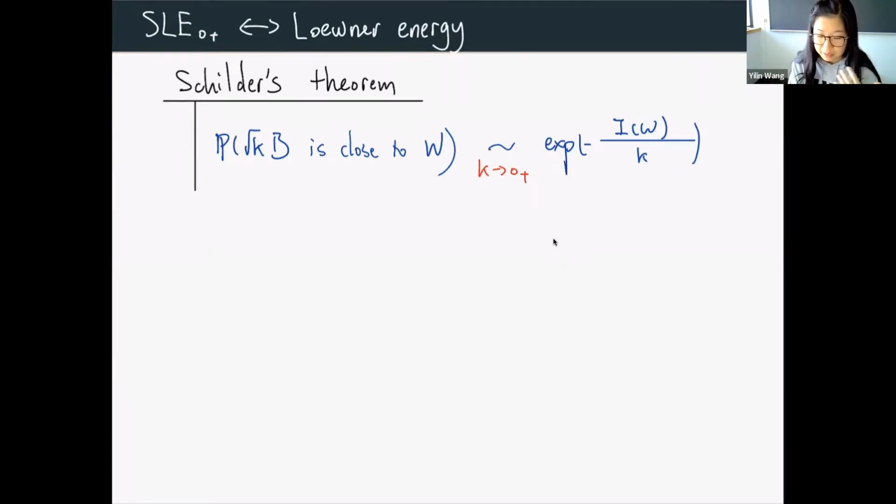Heuristically, it means that if I take a very small kappa, the multiple square root kappa times B being close to a given driving function w, this probability should decay very fast to 0 when kappa goes to 0, unless the Dirichlet energy itself is 0, which is given by the 0 function. But if my driving function w has a finite Dirichlet energy, then this probability is decaying like exponential minus Dirichlet energy over kappa.